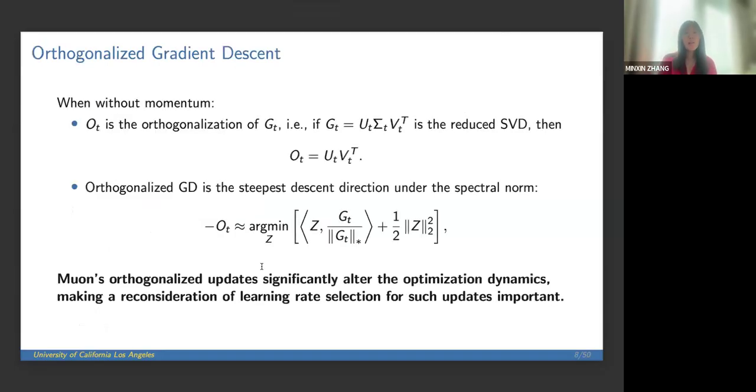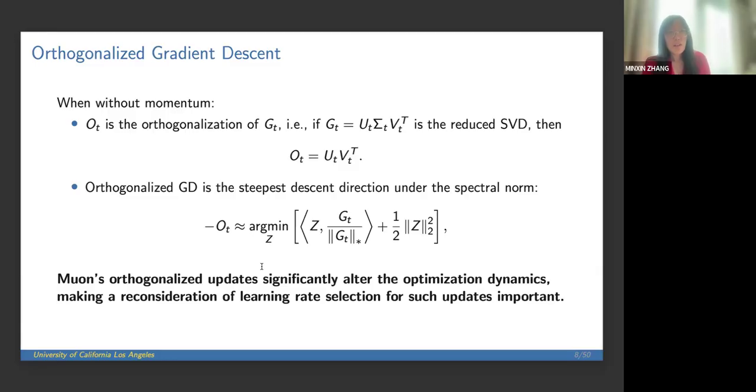So this empirical evidence is saying that orthogonalization is beneficial. But why is that? There are many recent papers analyzing and discussing it. But here we consider the very simple case when there's no momentum and no noise. And I want to emphasize two key facts about this orthogonalization.